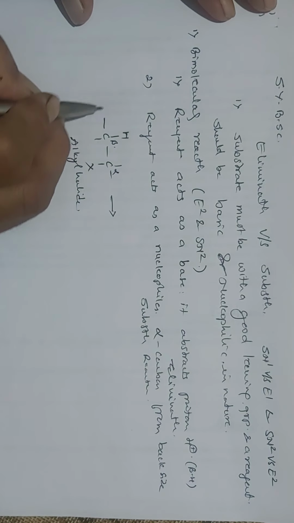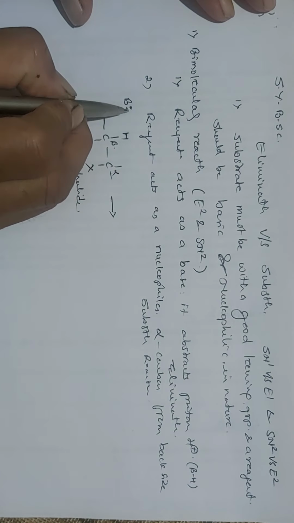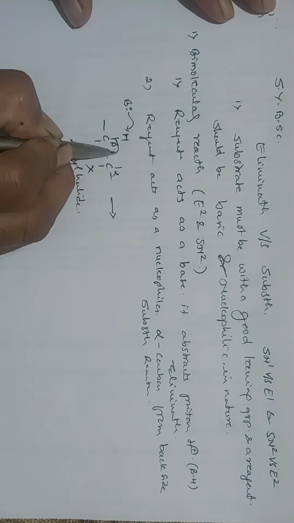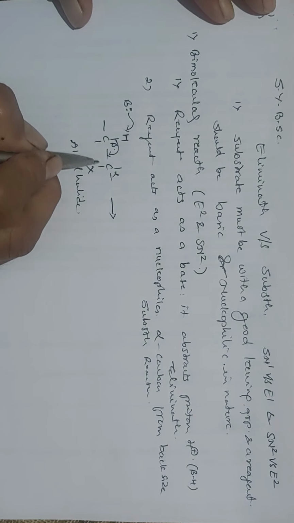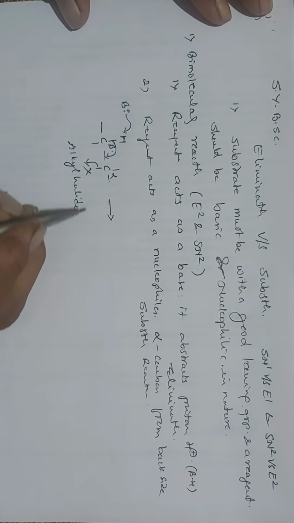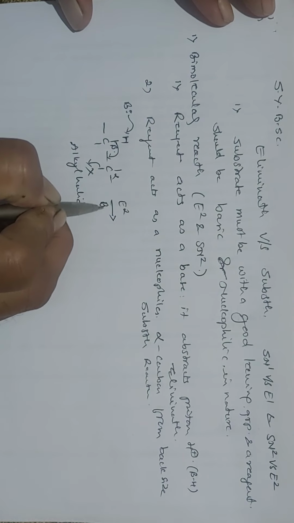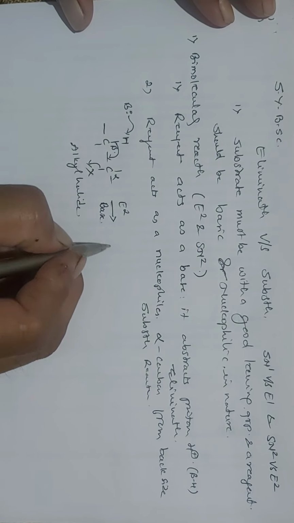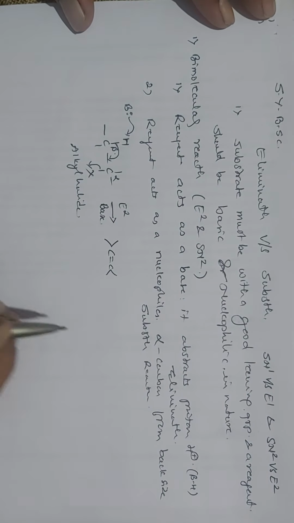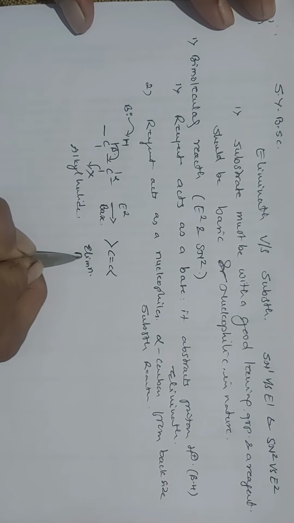Here, if the reagent acts as a base, it will donate the electron pair to the proton, the proton gives the electron pair to this carbon and forms a double bond, and the leaving group is eliminated. So this gives you the E2 mechanism, the reagent acts as a base, and the product obtained is an alkene, the elimination product.